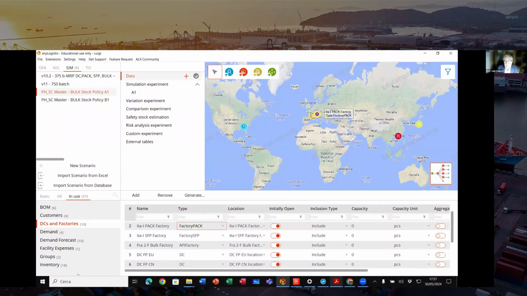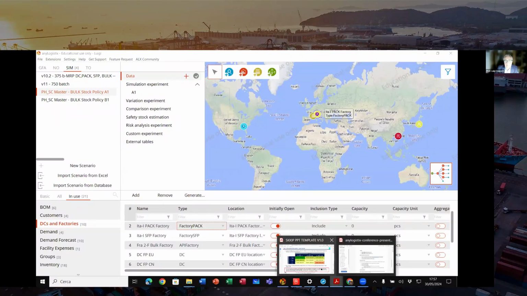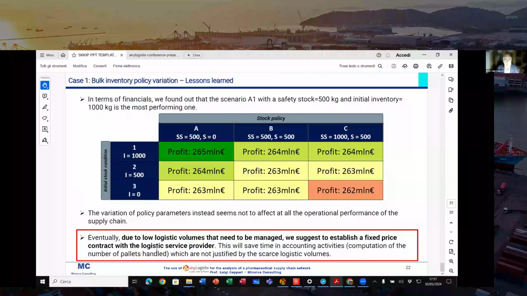Let me say that we also studied, though I don't have time to show you, the impact of using low volumes in terms of bulk. And so we made the risk analysis, and except for some cases where we had a decrease of possible fulfillment, in general the A1 scenario is a good scenario.